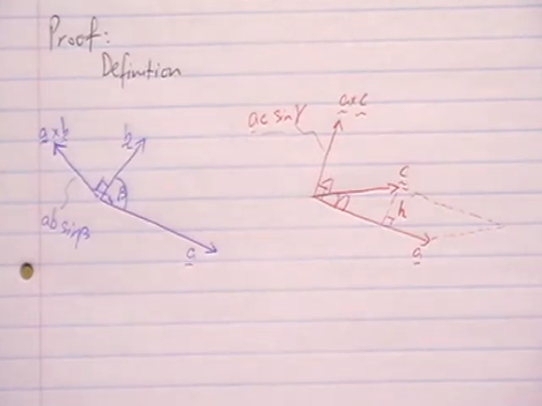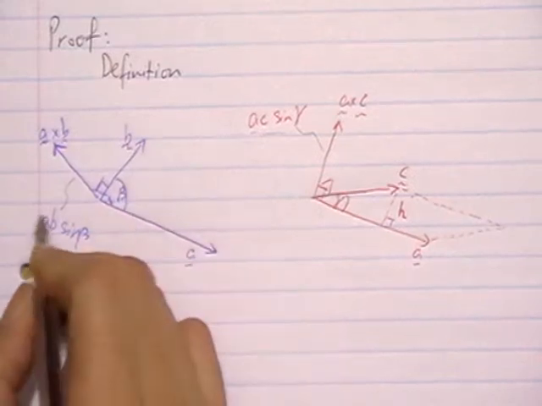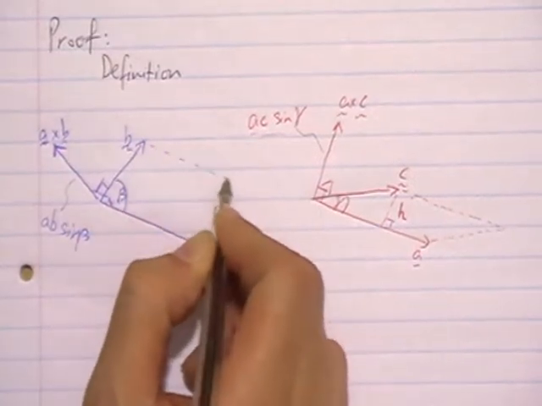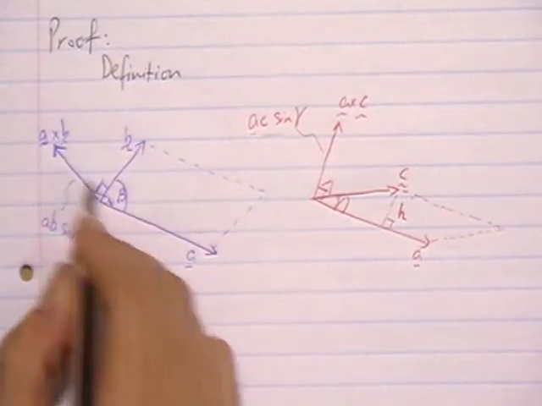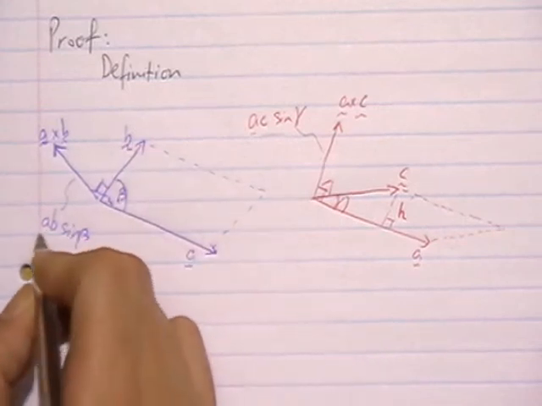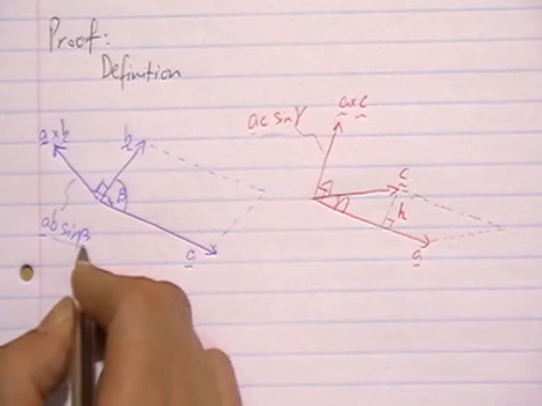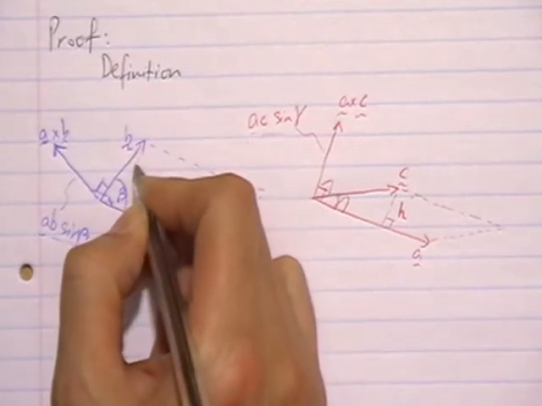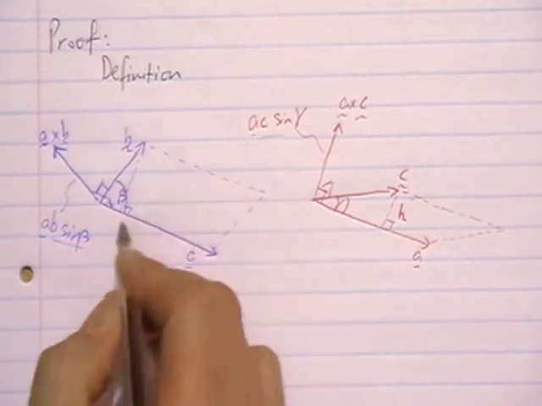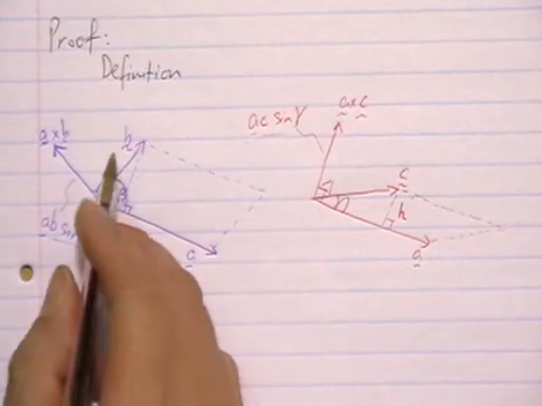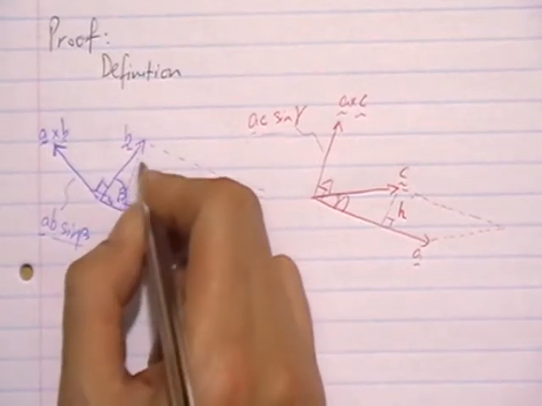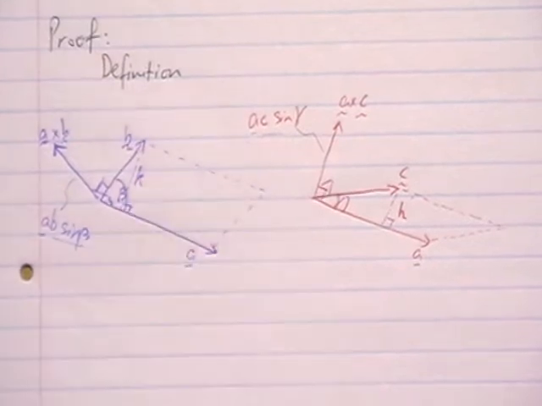Right, and likewise, I can think about a parallelogram here. Then this length is equal to the area of the parallelogram because A is the base and B sine beta, perpendicular from here to here, is the height of this parallelogram. Let me call this height K. Okay.